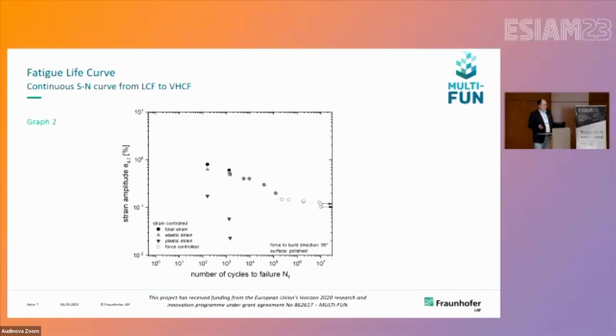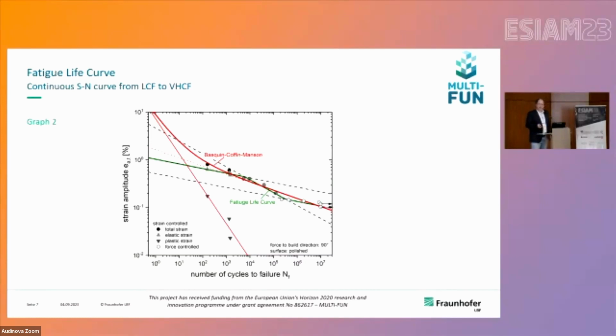In this case, we have to transfer them to the strain domain. And then we just calculate the parameters of Basquin, Coffin, and Manson, and you will see that this red curve overestimates and underestimates some specific regions, and therefore we use the optimized curve, which is called the fatigue life curve, so we have an even better description of the strain amplitude to fatigue.